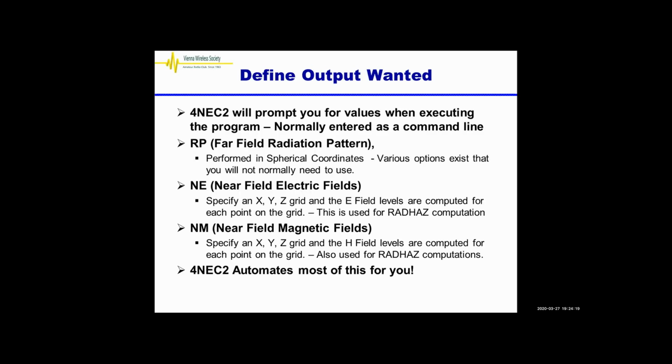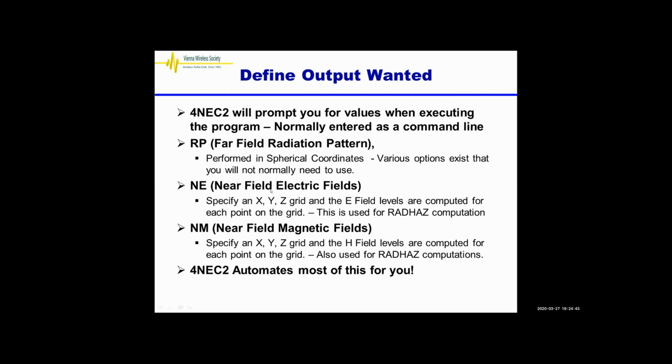Now NEC4 does this automatically for you, so you don't normally have to put these in, but you do for regular NEC. The RP card tells it to do a far field radiation pattern. It's performed using spherical coordinates, and there are various options. Again, with 4NEC2, you don't need to worry about this. It does it for you. The same thing applies to NE and NM.